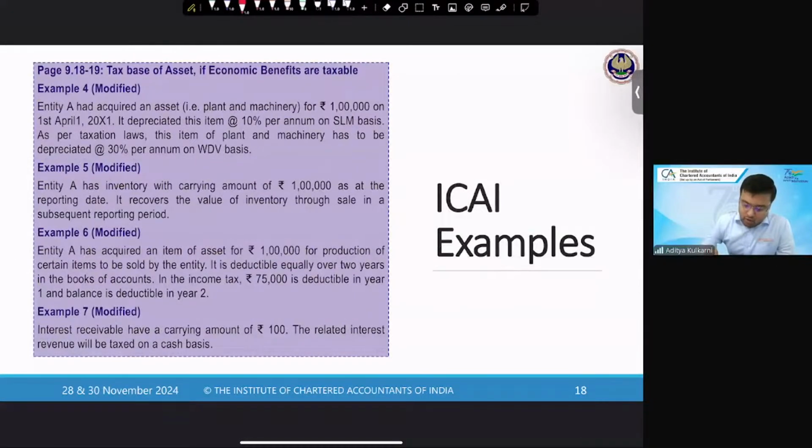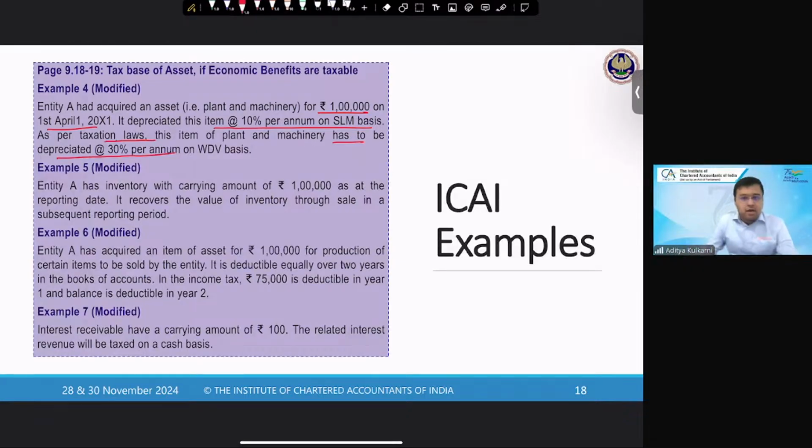Entity A had acquired an asset, that is plant and machinery, for rupees 1 lakh on 1st April 20x1. It depreciated this item at 10% on SLM basis. As per tax laws, this item has to be depreciated at 30% per annum on WDV basis.